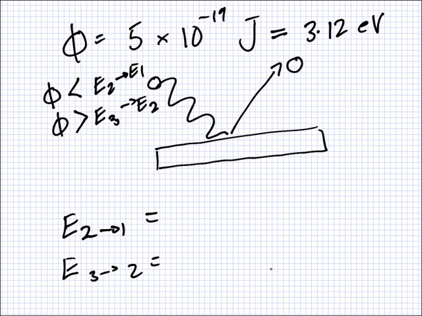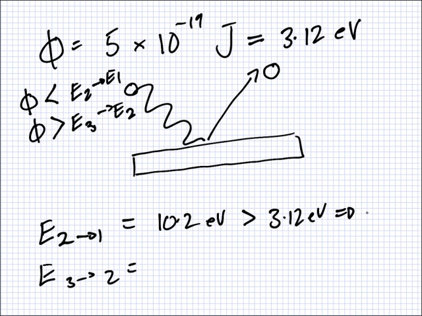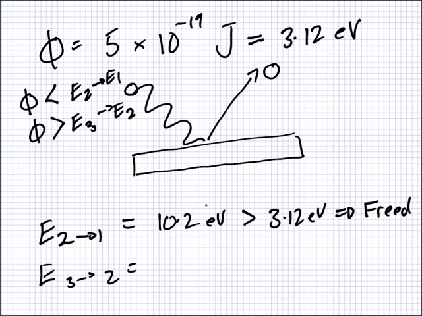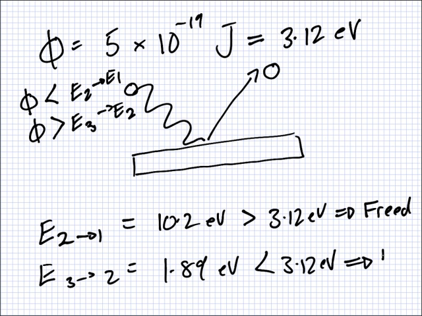Roughly 10.2. So you can see 10.2 eV, that's more than 3.1 eV. So then that means it's freed. And then 3 to 2, oh, much less. 1.89 we had earlier. Which means it is not freed. That's it.